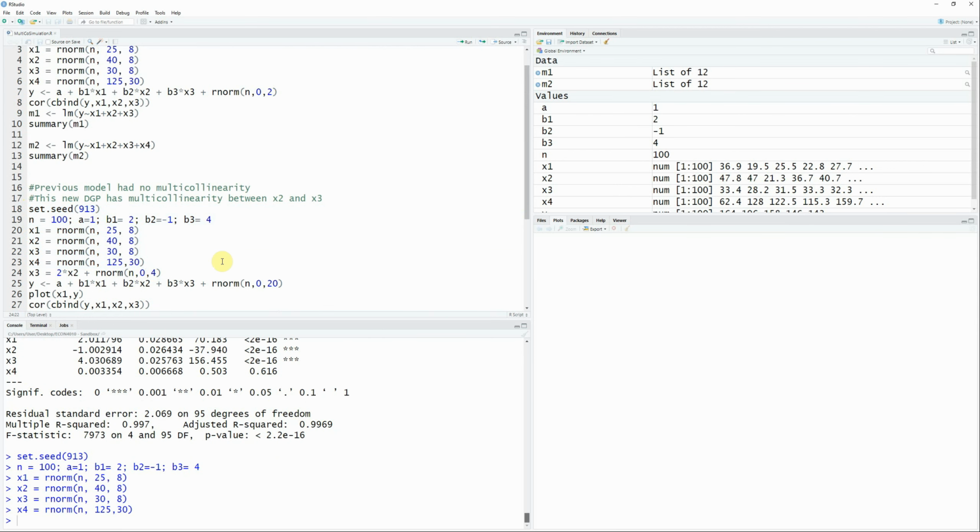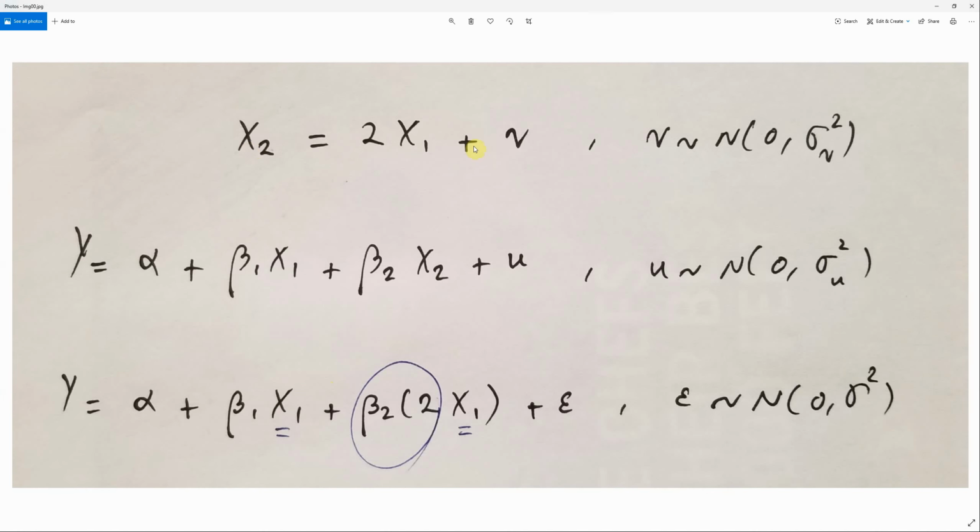But here, instead of using the x3 that was used here, we want to use a new x3, which is twice x2, that is, 2 multiplied by x2, plus some error, similar to what we have here in x2 and x1.